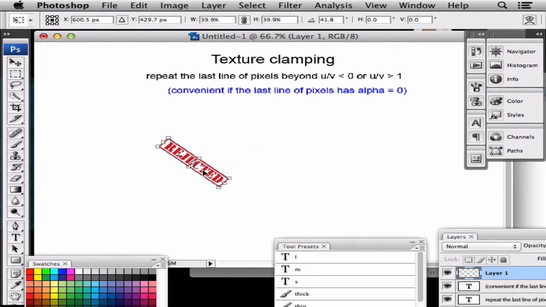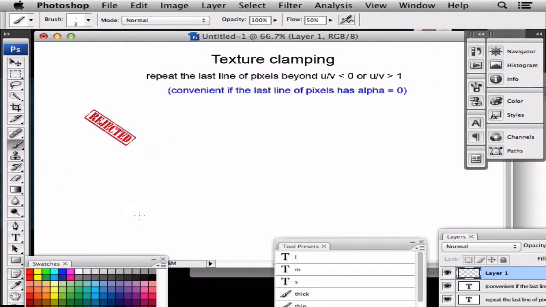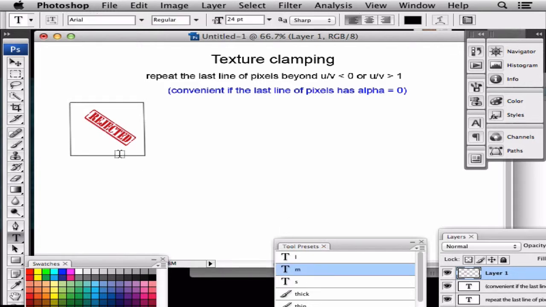So imagine the texture itself would look something like this. I'll just put edges on it so you can see. And this is the texture image.